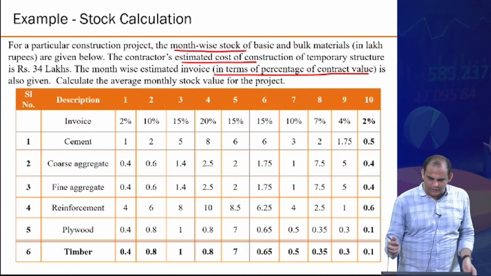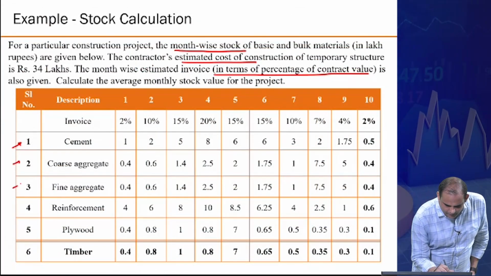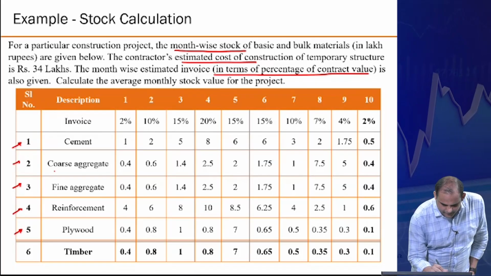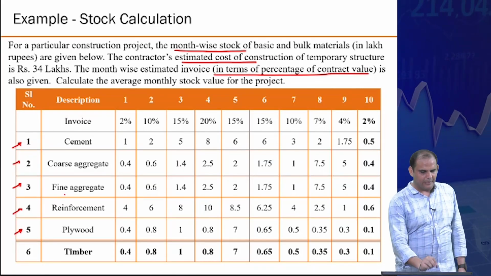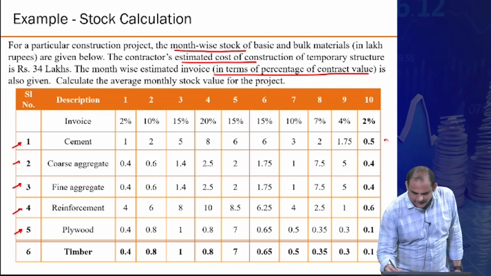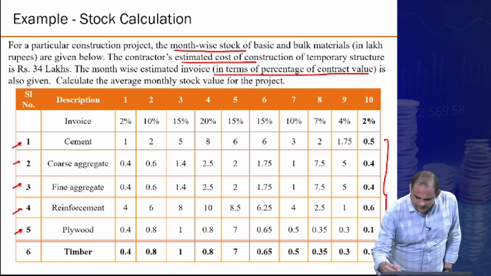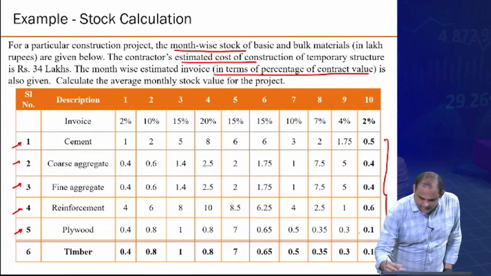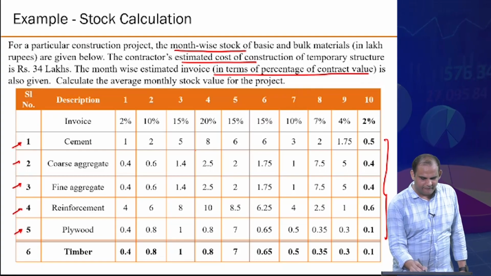So the total stock in this case, all the material stocks, which are cement, coarse aggregate, fine aggregate, reinforcement, plywood, all these values are already given to you in lakh rupees. This should not be bold, these are normal numbers. So 1 lakh, 2 lakh, 5 lakh rupees and so on.